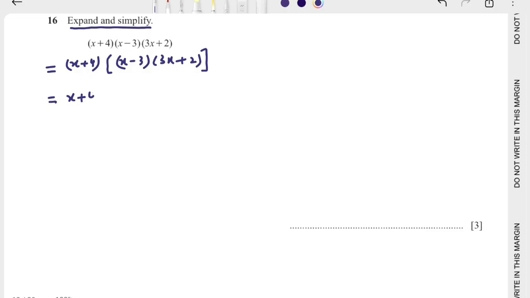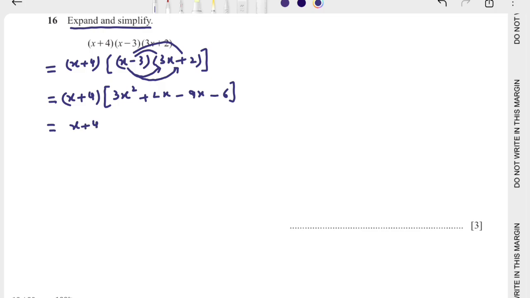It will be 3x squared plus 2x minus 9x and minus plus minus 3 times 2 is minus 6.